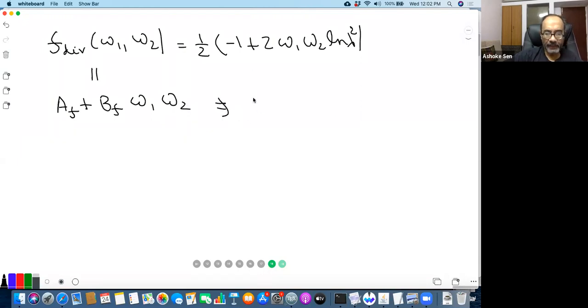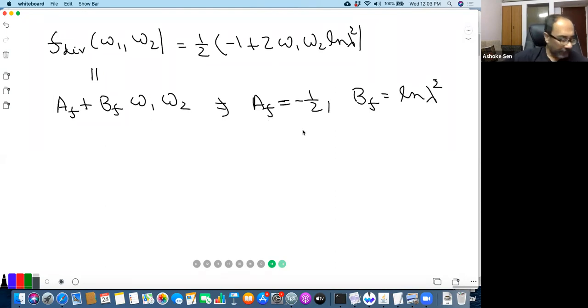So this gives you AF equal to -half and BF equal to log lambda squared. So AF equal to -half is an answer which you had seen in the first lecture. This is one of the results I quoted, and this agrees perfectly with the BRY calculation by comparison to the matrix model, because they got 0.50 minus 0.50 plus minus 0.01.